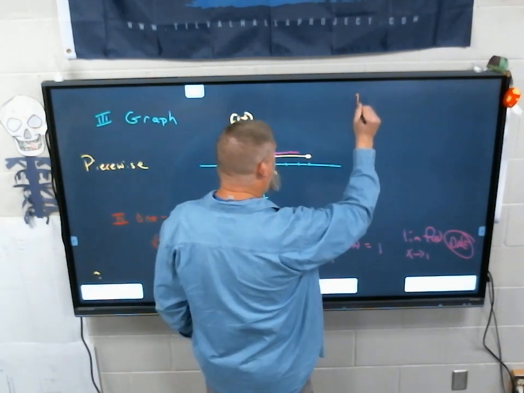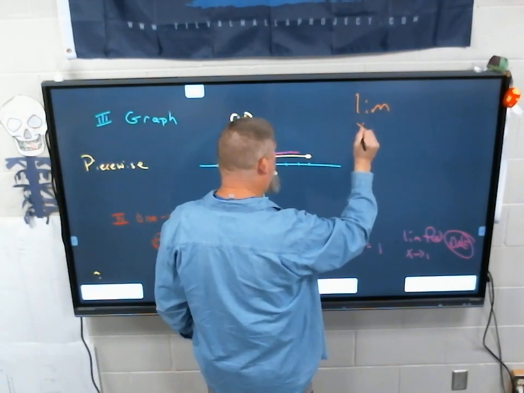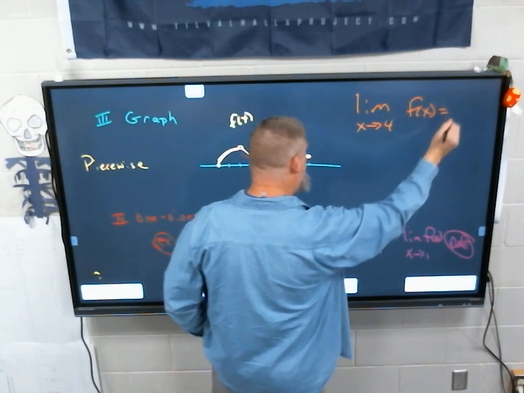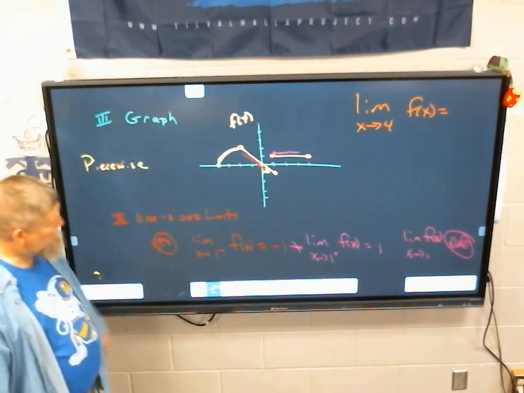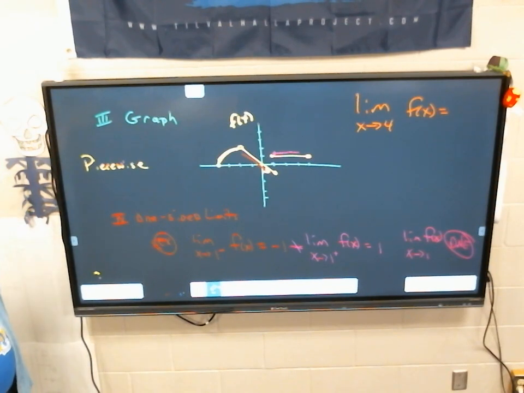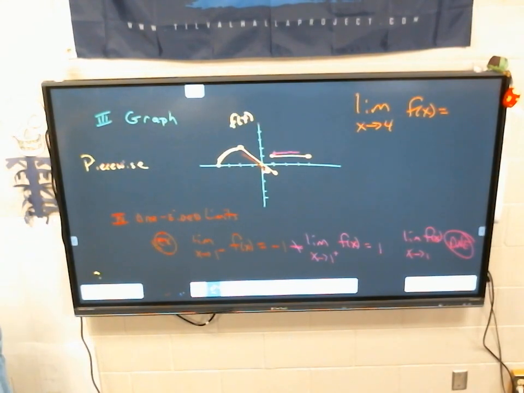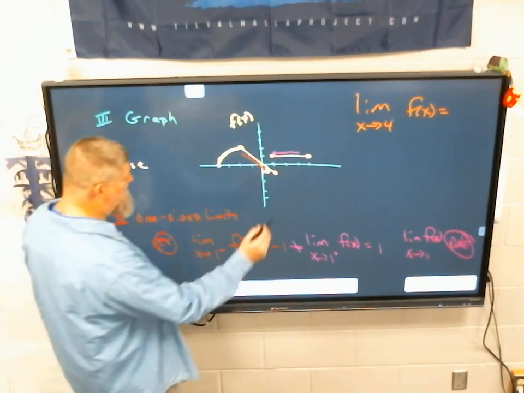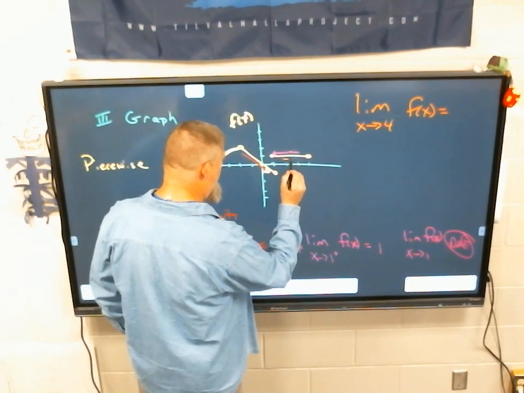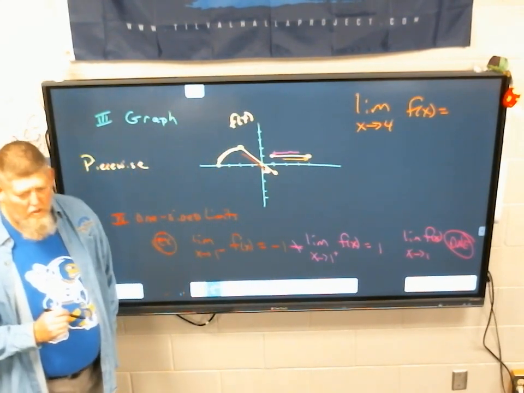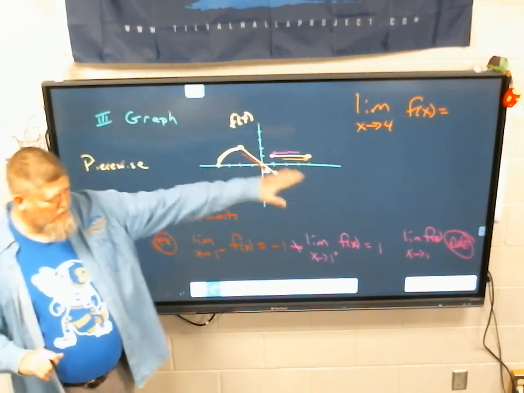What about the limit as x approaches 4 of f of x? So here's 4, right? Approaching just from the left-hand side, what value? y equals, okay.